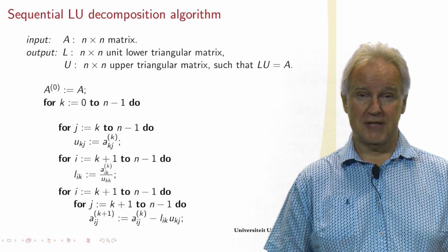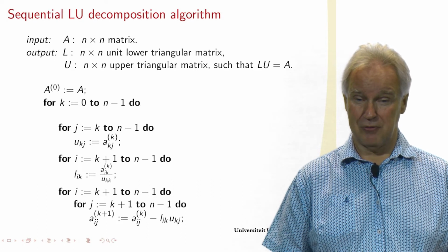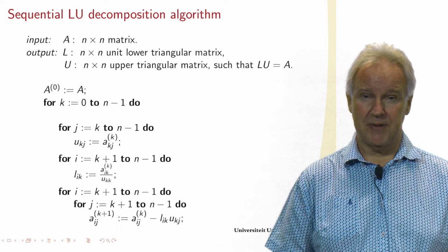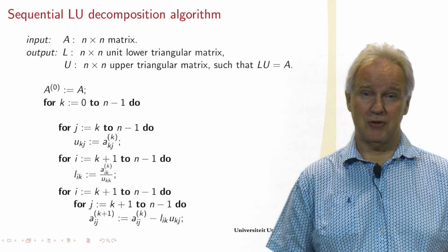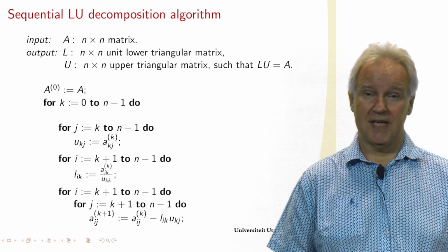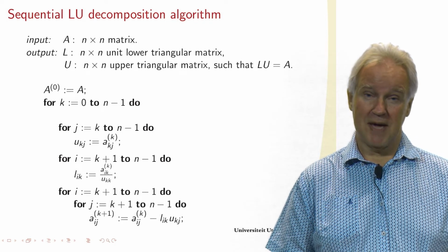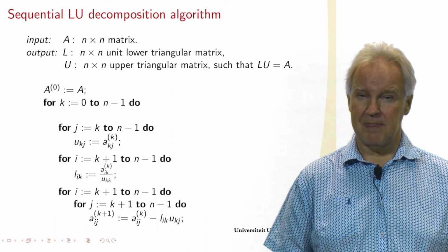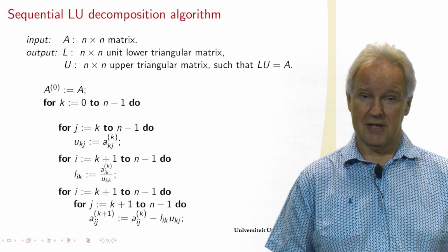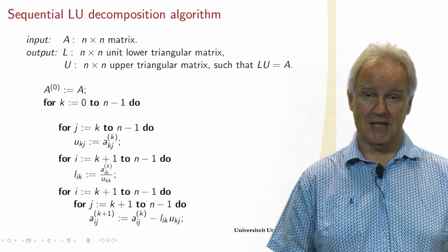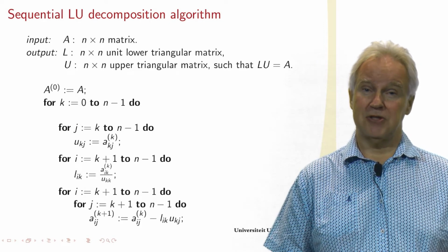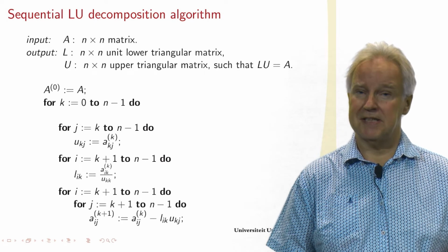We first retrieve the values from row k. These become the values Ukj. Then we compute the values of L from column k. And then we update the matrix elements by subtracting Lik Ukj, the elements that we just computed, from element Aij. Now, this is an algorithm that's correct, but how do we understand that it really works?